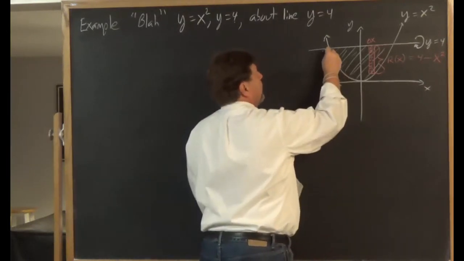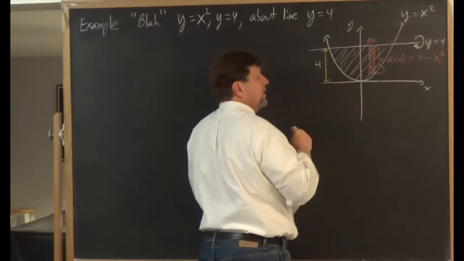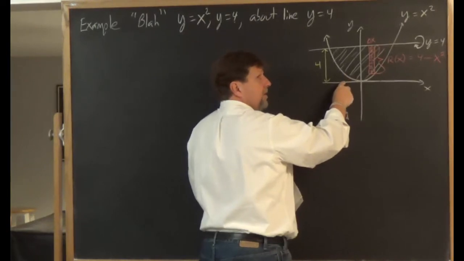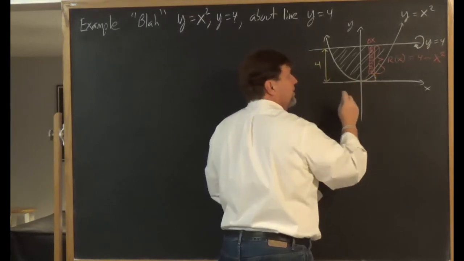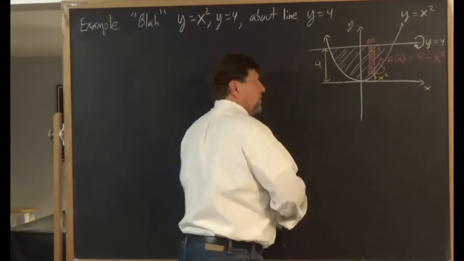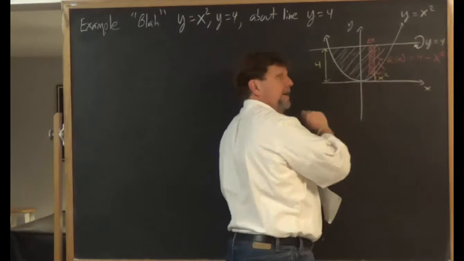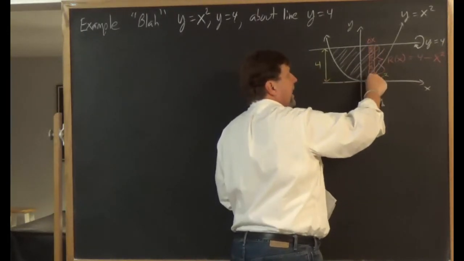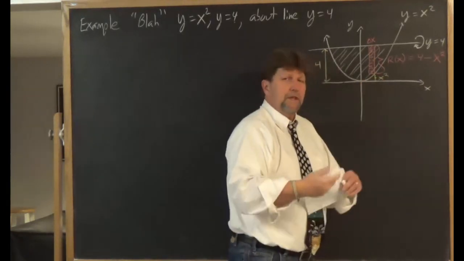From the curve itself to the x-axis, that's given by x squared units. So when you take this height and add it to this height, x squared, you better get 4. That's just another way to look at it.